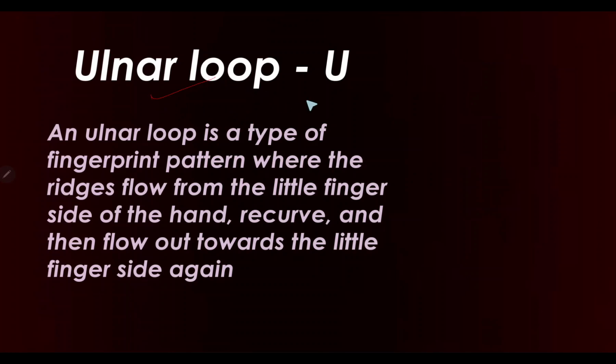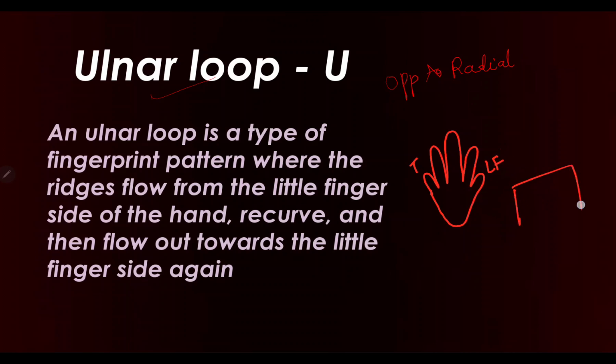Then the ulnar loop is totally opposite to the radial loop. It is a type of fingerprint pattern where the ridges flow from the little finger side of the hand, recurve, and then flow out towards the little finger side again. If you take a hand representation, just think this is the thumb and this is the little finger.